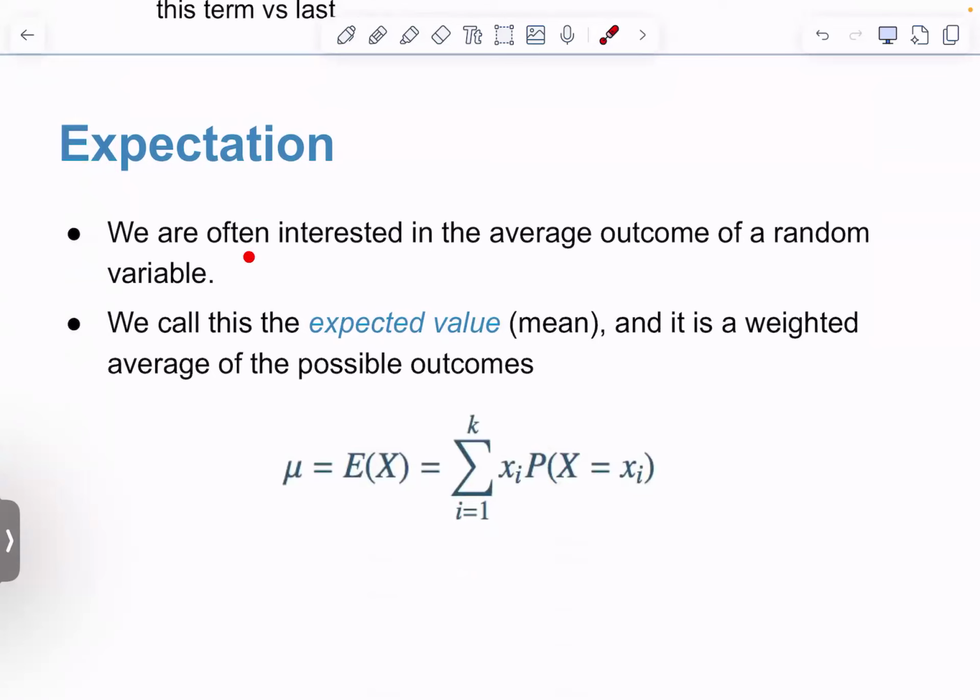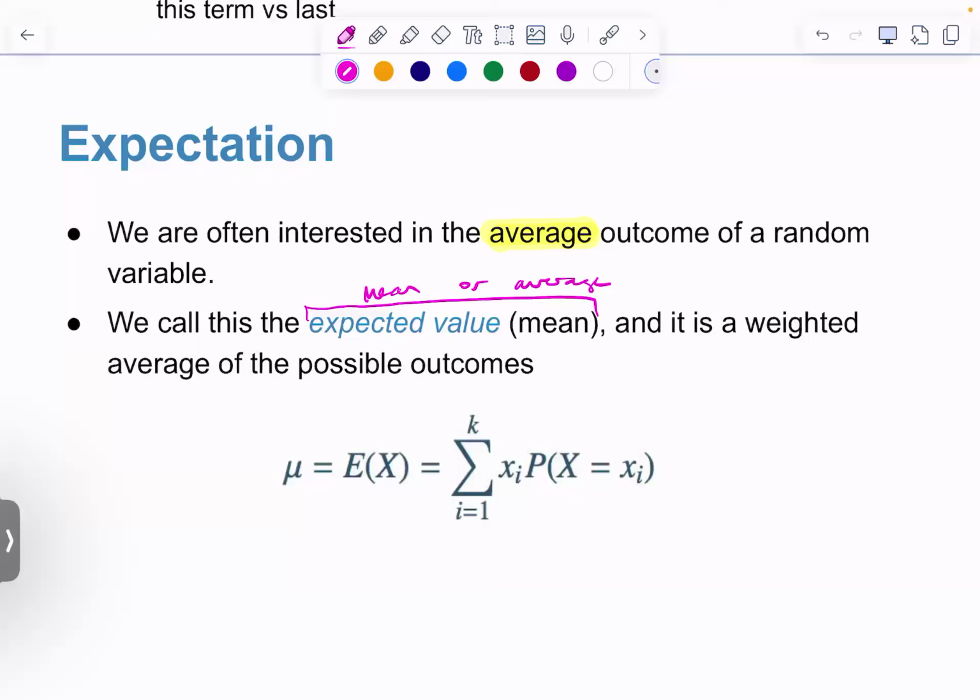We're often interested in the average outcome of a random variable. Now, the expected value is the mean or the average.